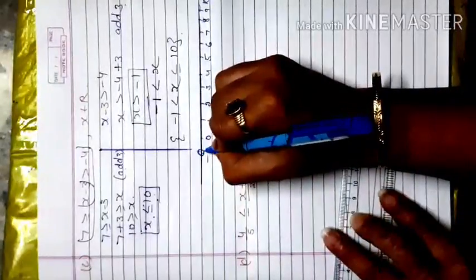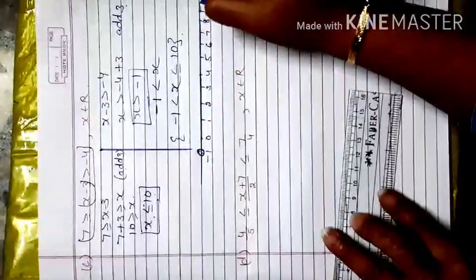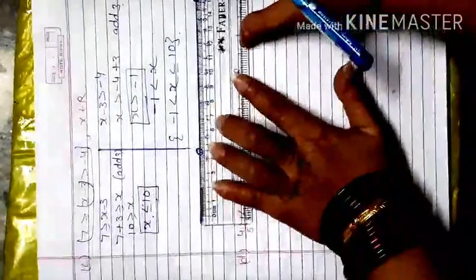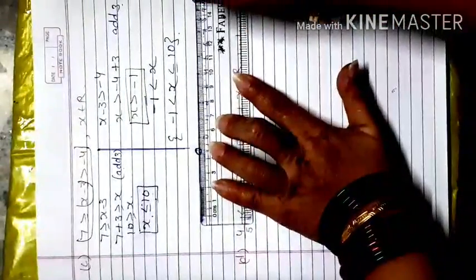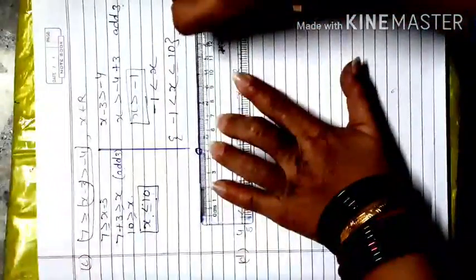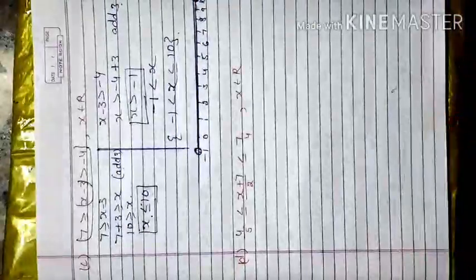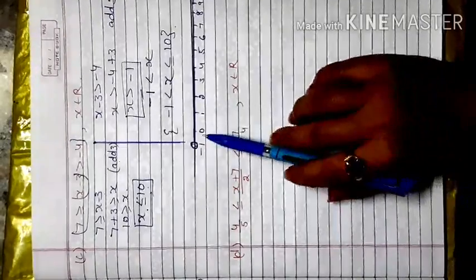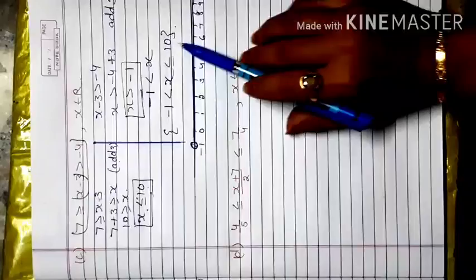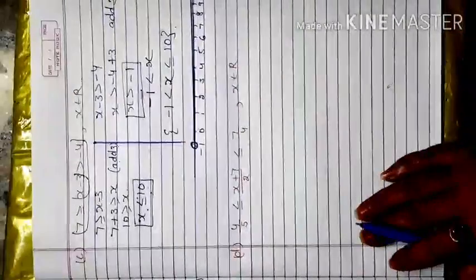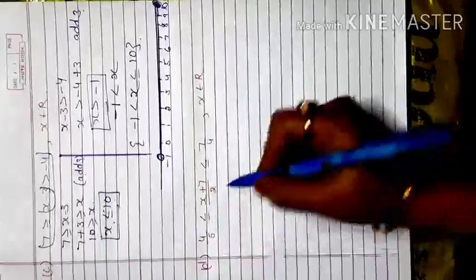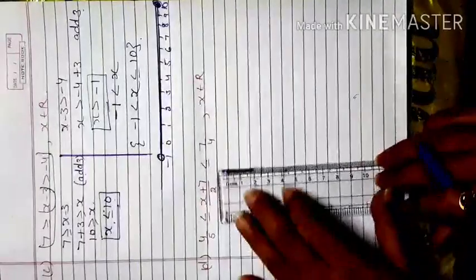Minus 1 is not included, we show with the open circle. 10 is included, 10 we show with the dark circle with the color and you can darken the line between them. This shows that from minus 1 to 10, any value in between we can take in the solution set of x. Or if we show in tabular form, all values from 0 to 10 are in this solution set.